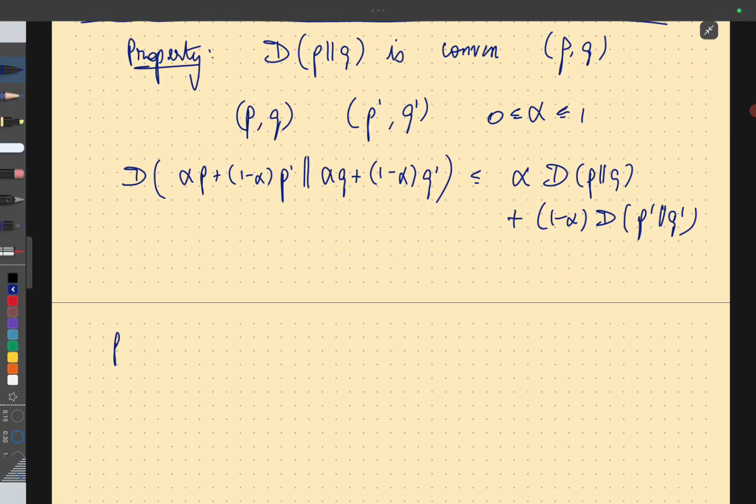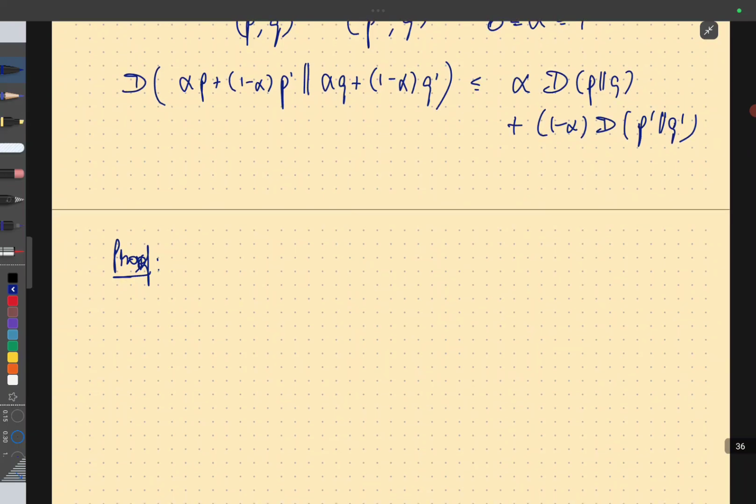Okay, let's prove this. This is fairly straightforward, nothing very complicated, it almost directly follows from the log sum inequality. So let's try to do something even simpler.